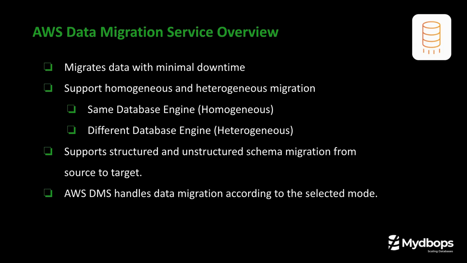It supports structured and unstructured data migration by moving it from source to target according to the selected migration mode. Essentially, DMS simplifies the migration process, reduces the downtime during the switchover and ensures data integrity.